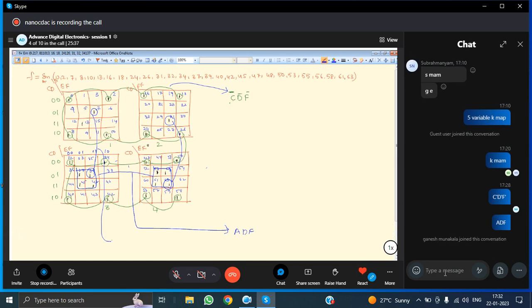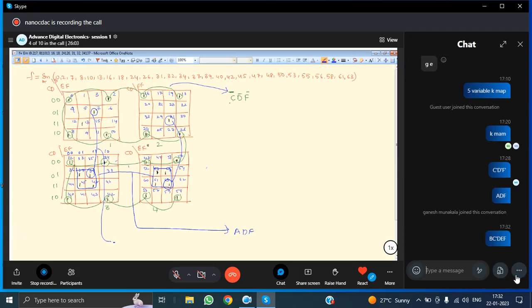What is the equation for 7 and 39? B, B, very good. B, C bar, D, E, F, very good. Okay. Now coming to ఇంకొకటి మిగిలిపోయింది అనుకుంటా. Can you tell me the equation for this one?